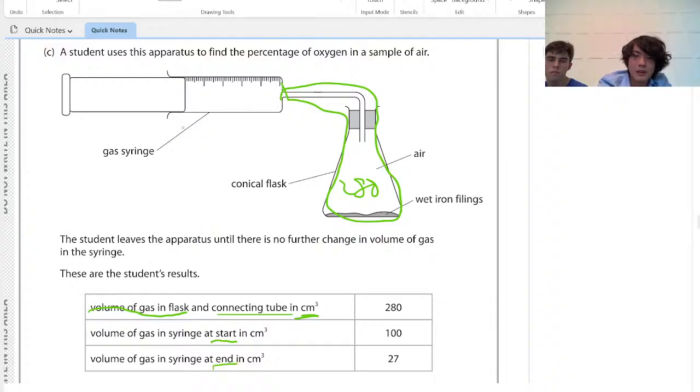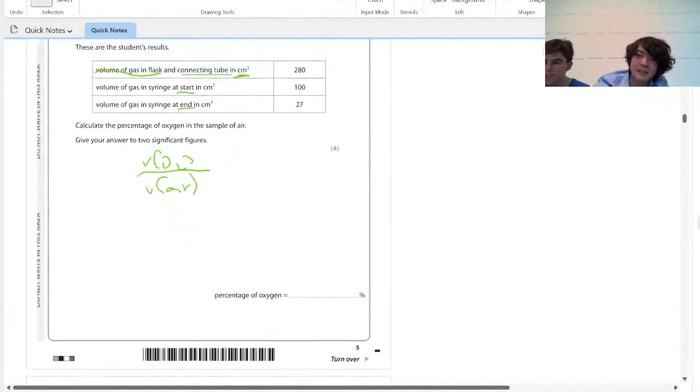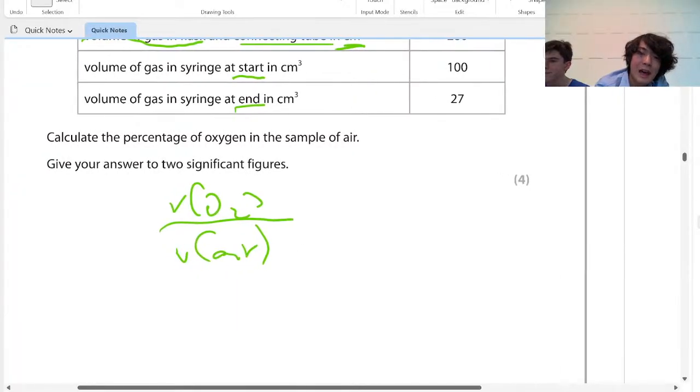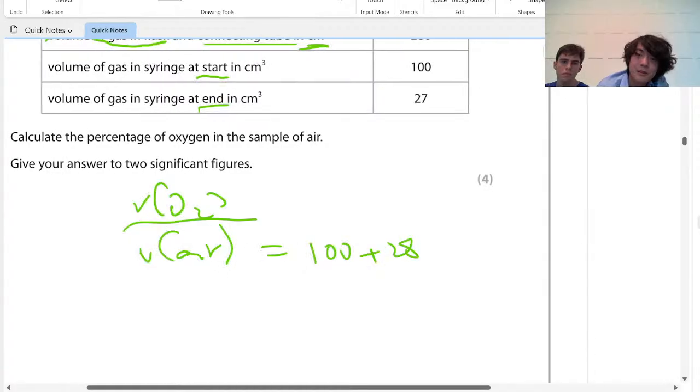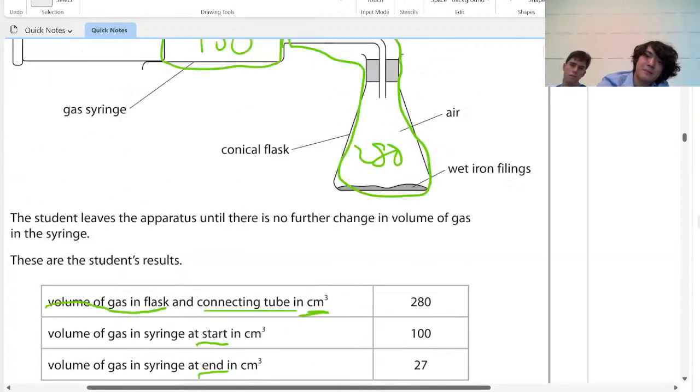So initially, when there's air in the thing, it's got 100 in the gas syringe and 280 in the conical flask. So the volume of air is going to be 100 plus 280. And the volume of oxygen.